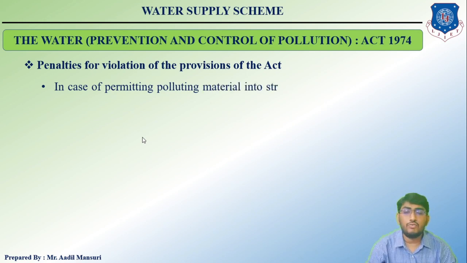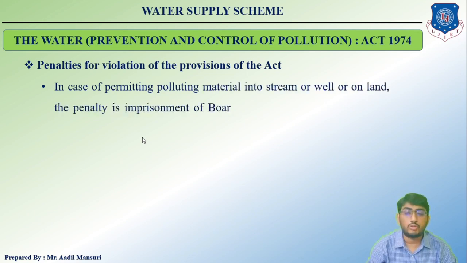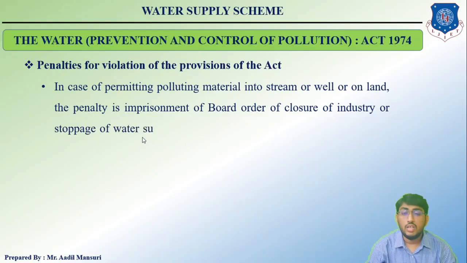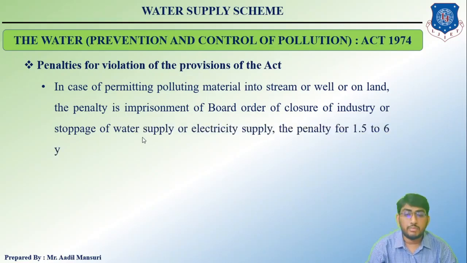Then in case of permitting polluting water into streams or wells or on land, the penalty includes orders of the board for closure of the industry or stoppage of water supply or electricity supply, or imprisonment of 1.5 to 6 years or fine or both.